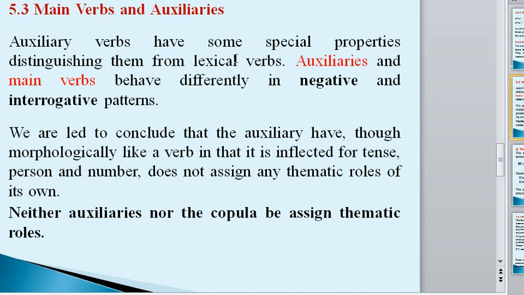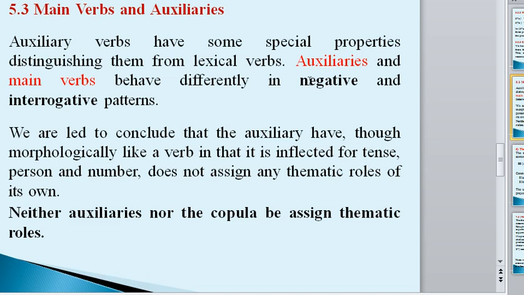Auxiliaries and main verbs behave differently, for example, in negative and interrogative patterns. In English, we can change the position of the auxiliary with the subject to make a question sentence, but we cannot change the place of the main verb and the subject, as you know.